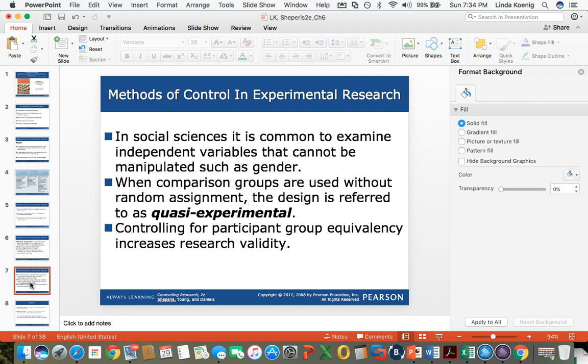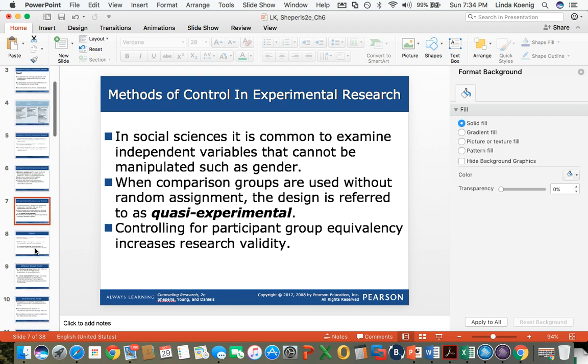Controlling for participant group equivalency increases research validity. So what we want to do is make sure that if we're selecting for a variable instead of randomly assigning, we have groups that are more or less equal in the comparison group, the control group, and the treatment group, if we have all three groups, that is.